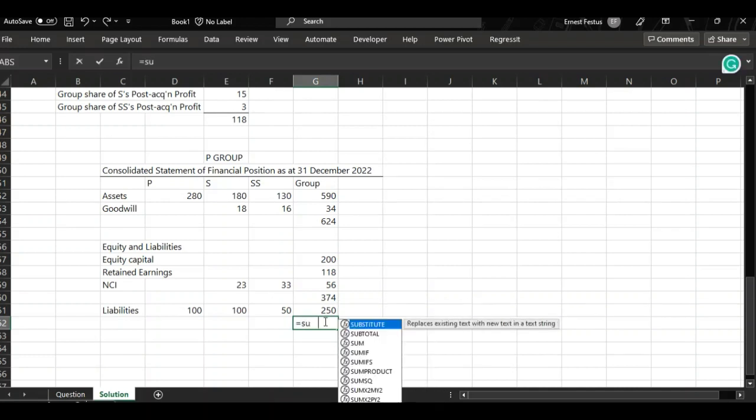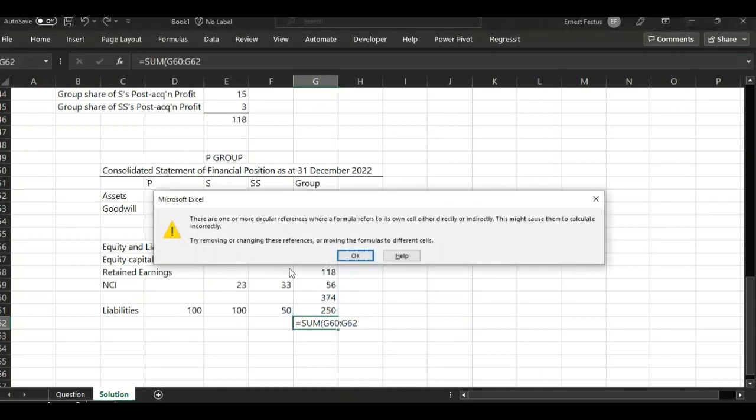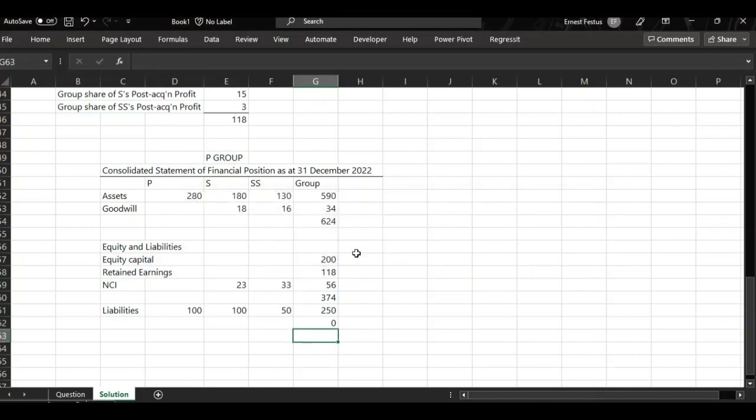So equals sum of these two figures here. So we have equals this plus this, 2624.